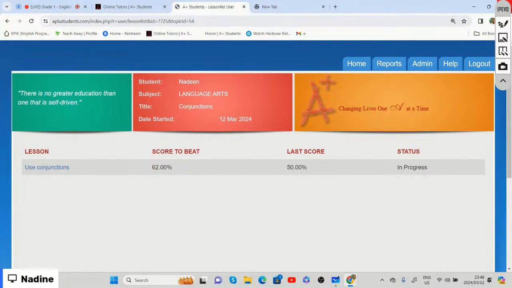We use conjunctions and we use the word or.